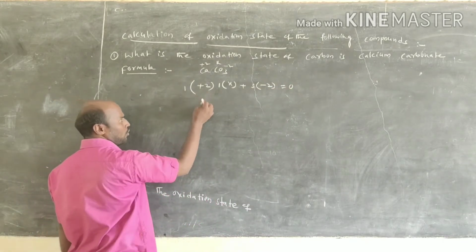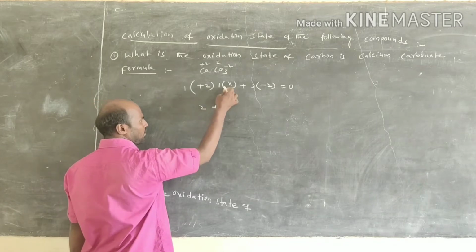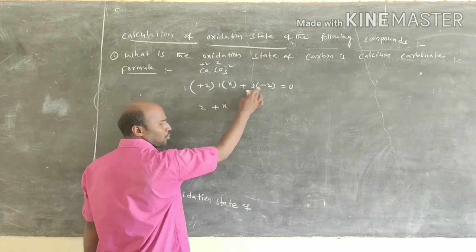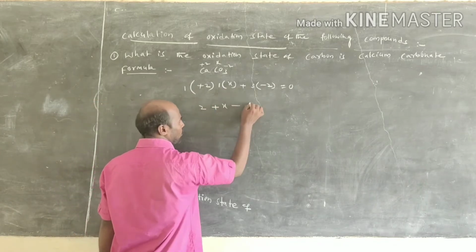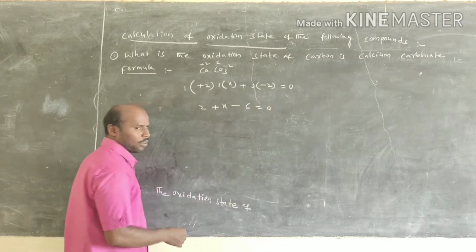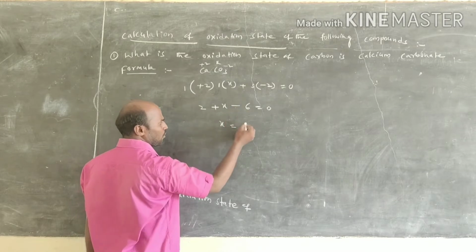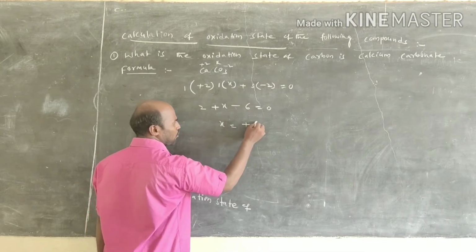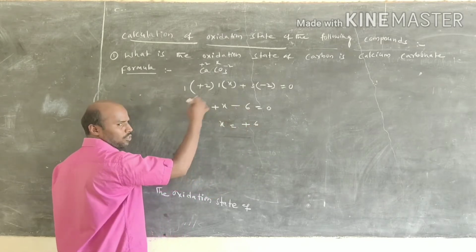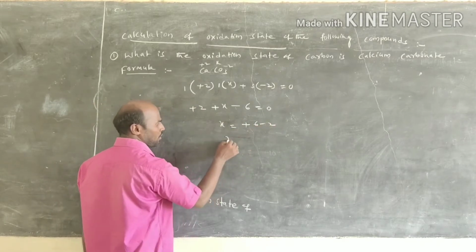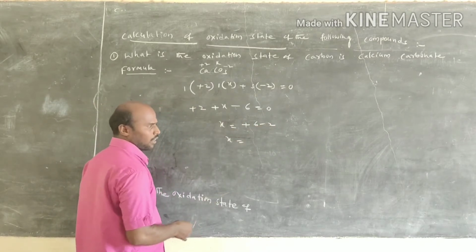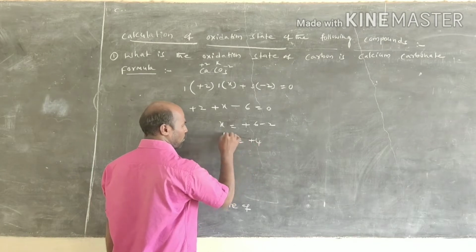So 1 into 2 plus 1 into x plus 3 into -2, which is -6, equal to 0. Now we can find x. x is equal to -2 changes to +2 and +6 changes to -6... so x is +4.